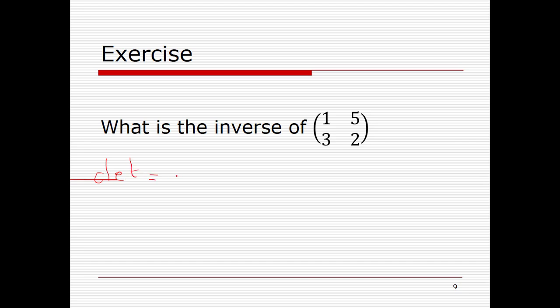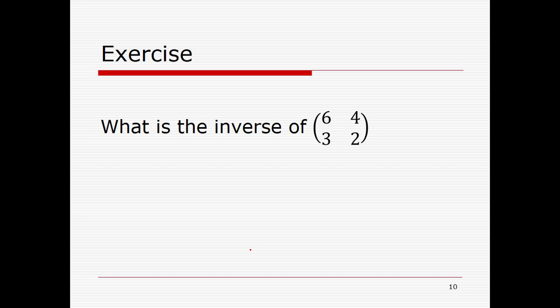That would be 1 times 2 minus 3 times 5, which gives us minus 13. The inverse matrix itself would be 1 divided by minus 13. Then switch the left diagonal, leave the other ones and put a minus in front of them. That's quite simple. Just to make sure that it really works, multiply this one again with your original matrix and see if you get the unity matrix.